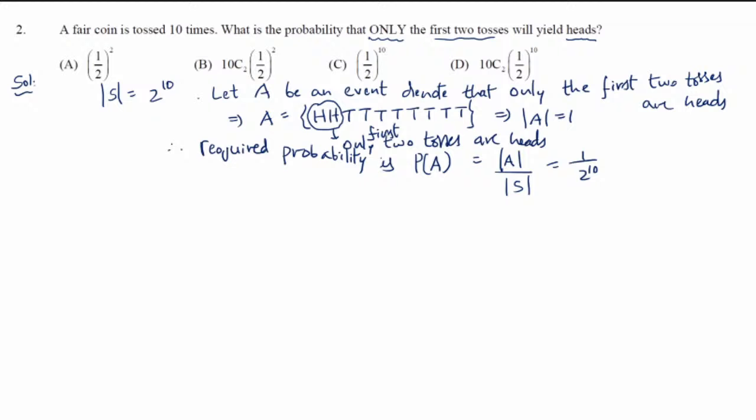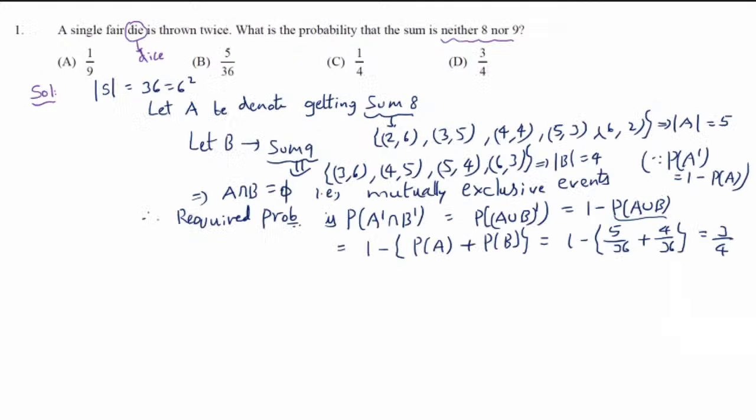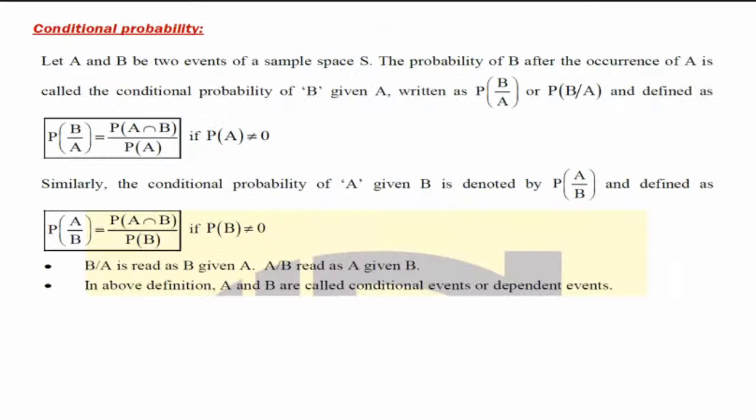The next is conditional probability. Conditional events is another meaning of dependent events. What exactly is a condition? Before explaining this concept, I am explaining a simple dice problem. A fair dice is thrown once.